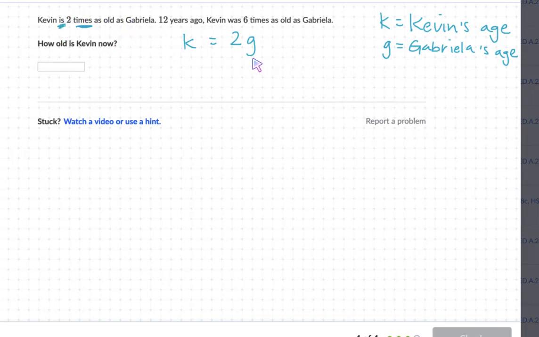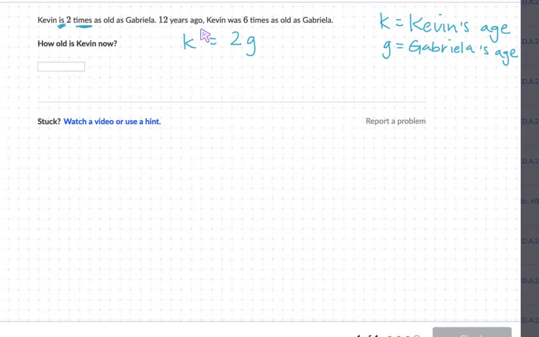This equation makes sense because I would have to take Gabriella's age and multiply by 2 to equal Kevin's age, because Kevin is 2 times as old as Gabriella. So you can always double check with just some logic to make sure your equation makes sense. Or you could translate it that way with the keywords. Kevin, K, equals 2 times as old as Gabriella, G, which we don't know. That's the first sentence.